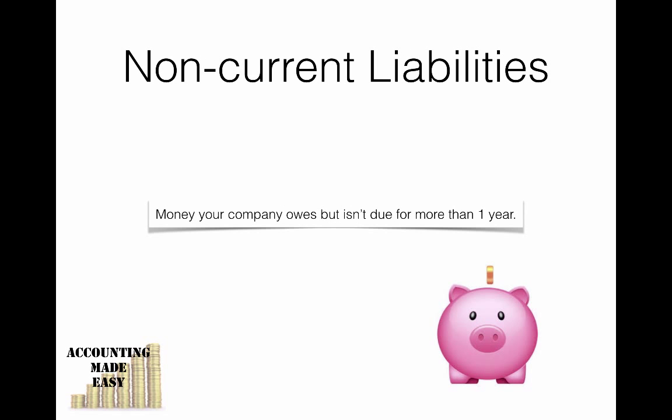Right, non-current liabilities are liabilities in the same sense as the current liabilities, it's just, you've guessed it, they are non-current. This means these are expenses you'll have to pay out, but more than a year away. Now, generally, the most common type of non-current liability is a loan. So, a bank loan. For example, you could have a bank loan that's payable over 5 years.